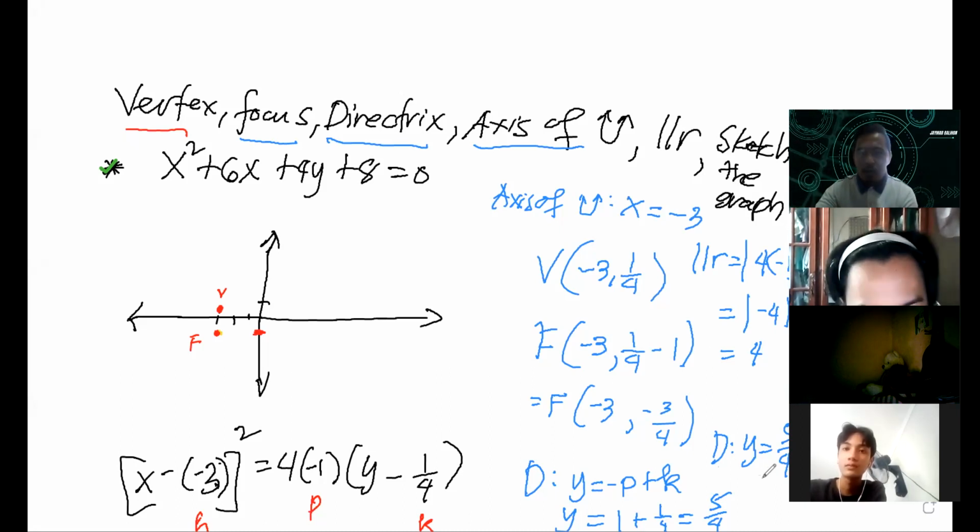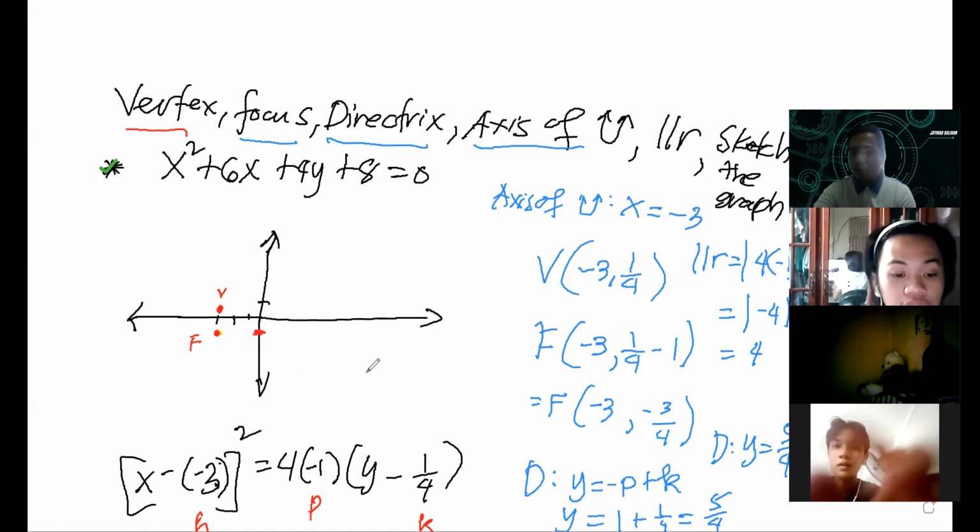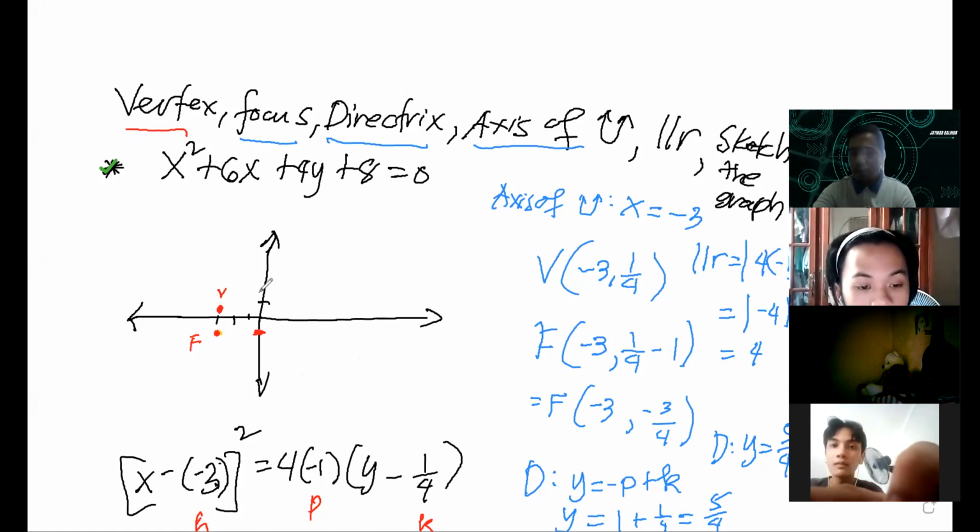Directrix is y equal to 5/4. That is yours, John. Wait, sir. Okay. Wait, the vertex is here. I see it. Directrix, 5 over 4. So somewhere here, right?